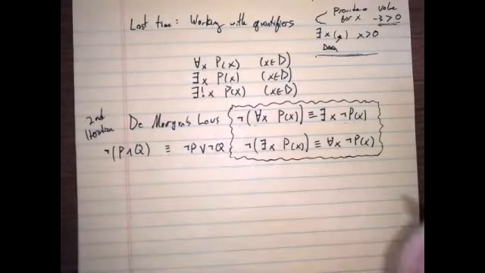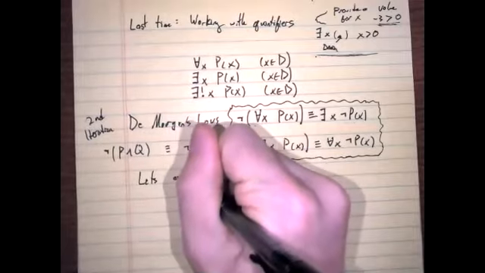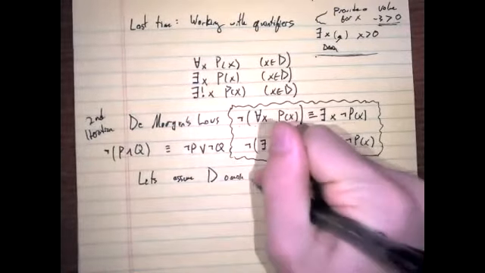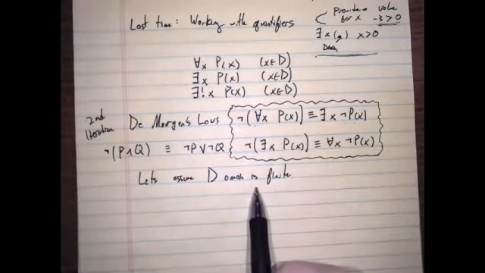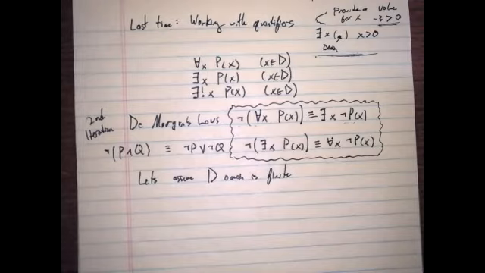Notice what this implies. Let's assume that the domain is finite. So if the domain is finite, what's another way of writing for all x P of x?